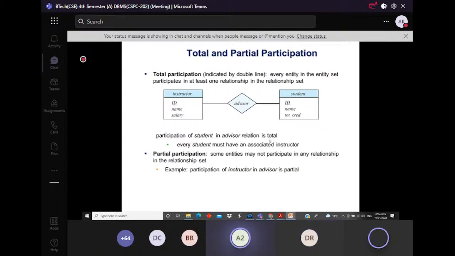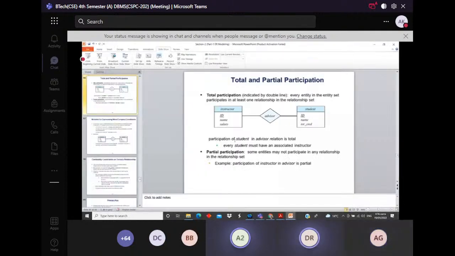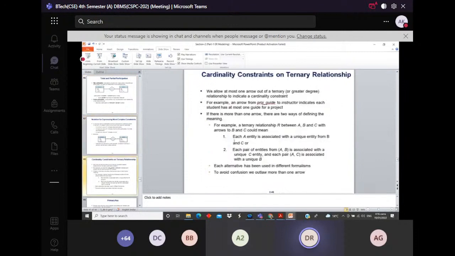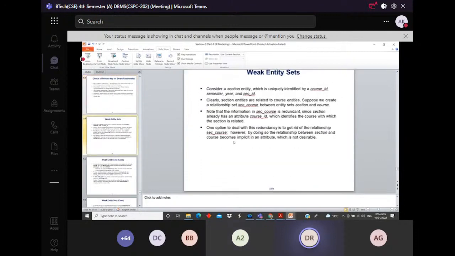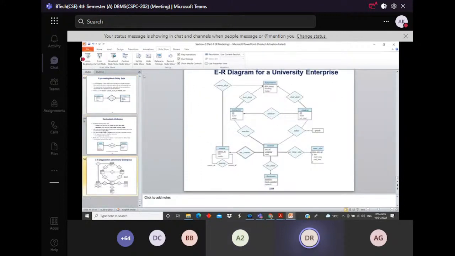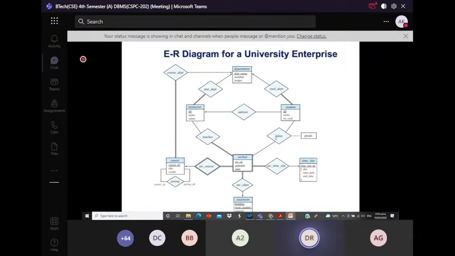Now next, why I am explaining all these things. I just want to show that ER diagram to you again. Now see this particular ER diagram. In this ER diagram, you can see many things, that is these arrows.